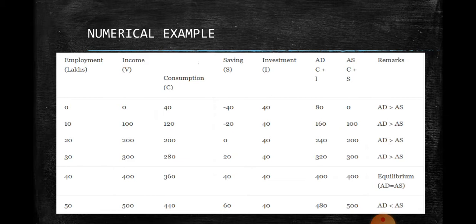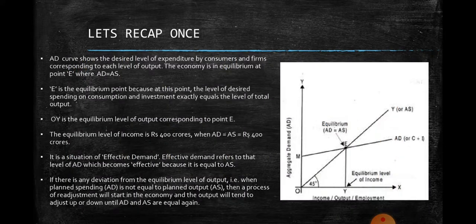Here in this case, AD and AS are equal corresponding to income level 400. Let's recap once. Equilibrium is achieved when AD and AS are equal, which is shown by point E in the diagram. And the demand at which equilibrium is achieved is known as the effective demand.